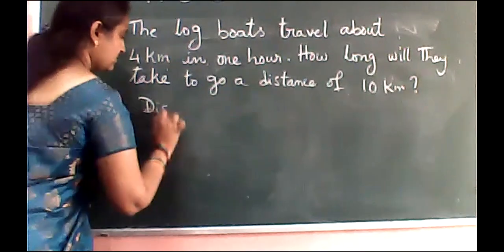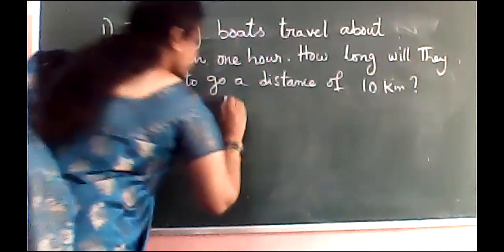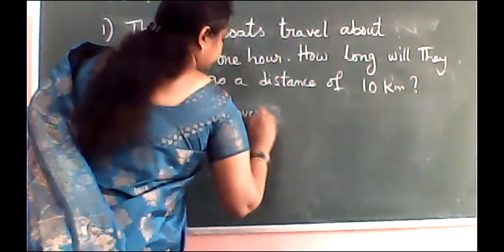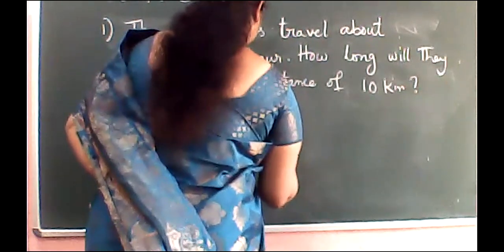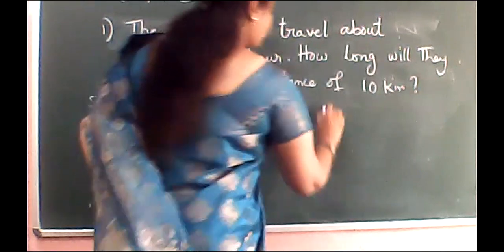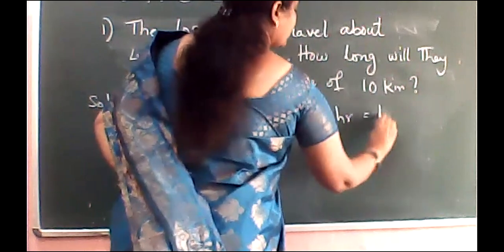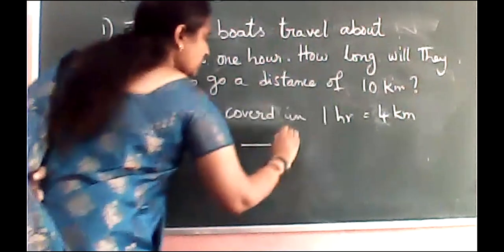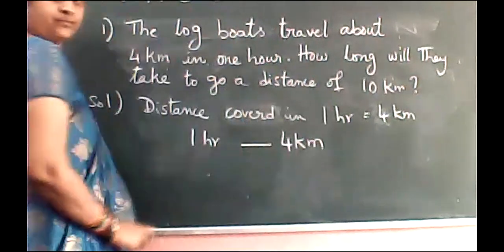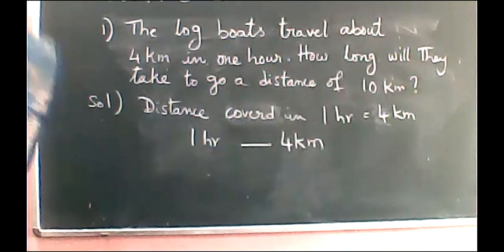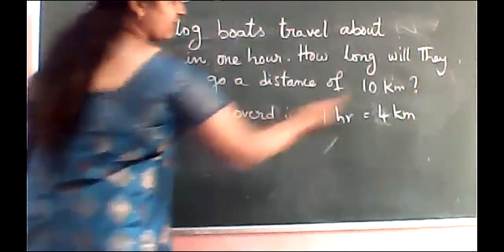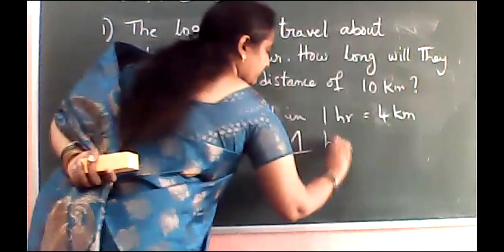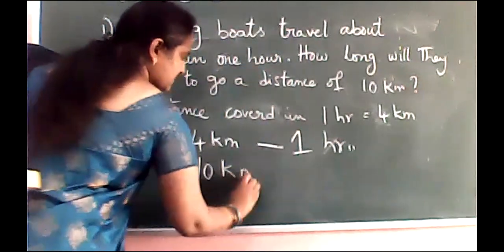Distance covered in 1 hour is 4 kilometers. So here, another distance is given for us. 4 kilometers it is traveling in 1 hour. 10 kilometers in how many hours?